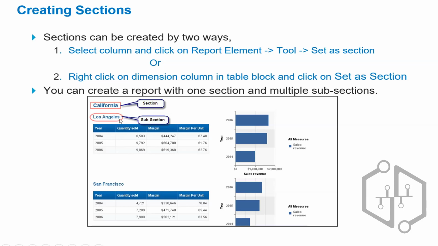California will be the main section, and these are the subsections, until we get all of them. Once all these subsections are completed, we will have one more main section, maybe New York, and then its subsections will be displayed. So that is about sections.